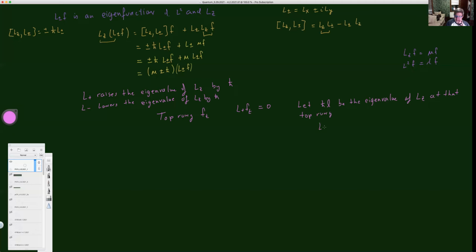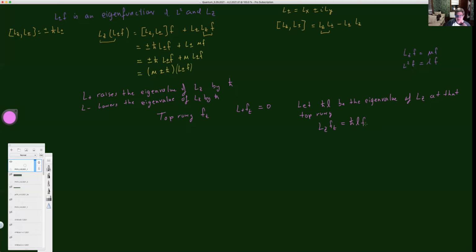Right? That means that Lz on the top rung eigenfunction is going to be h bar l. We're just writing it that way. I could have written mu_t or something, but just writing it this way is going to be convenient.